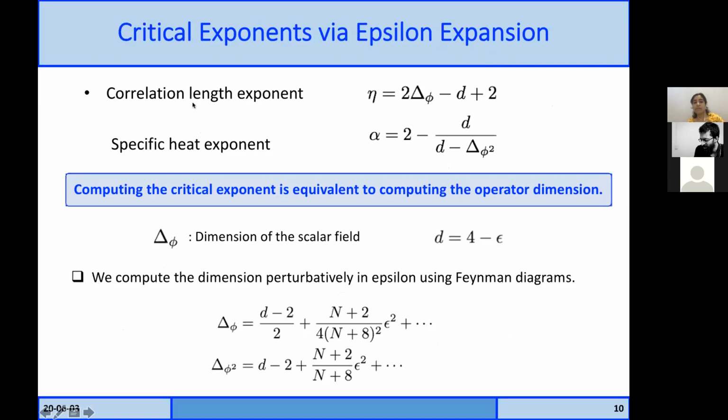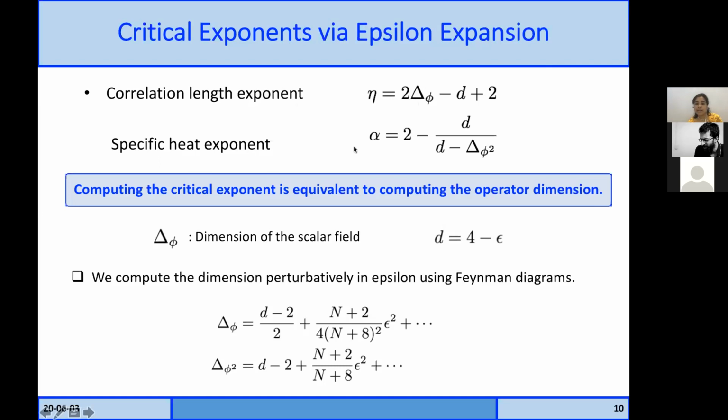For example, the correlation exponent eta measures how two degrees of freedom are correlated in a given system. This is given in terms of the dimension of the operator phi. So this is 2 delta phi minus d plus 2.